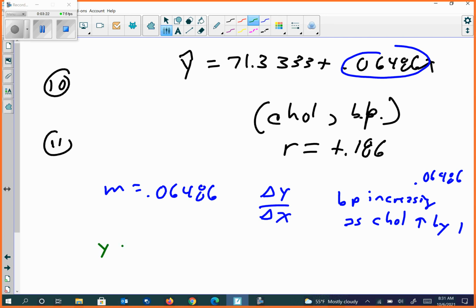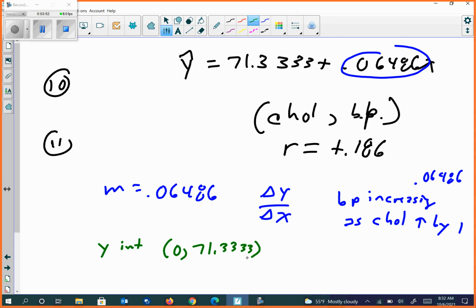The y-intercept is basically this, 71.33333. So, can I have a 0 cholesterol? Yeah. I just have a question. What is this case number? Is it like 2153? It's 24 to 26.